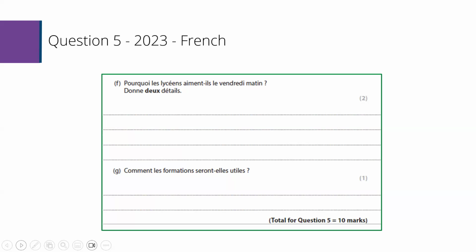So to enable them to find the section in the text where the answers are. Now, in all of these questions and also on the listening, the answers to the questions will come in order, in the same order that they appear in the text.